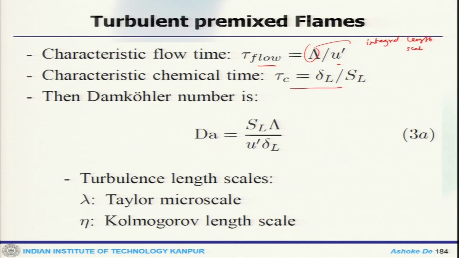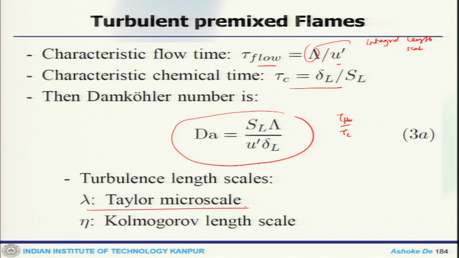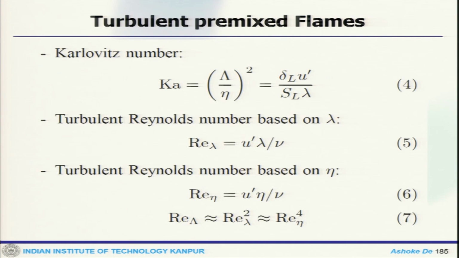The characteristic chemical time scale is delta S by SL. So the Damköhler number is the ratio of the flow time scale to the chemical time scale. Once you put that in, this is what you get. And if we now use the Taylor microscale and the Kolmogorov length scale, we can define the Karlovitz number, which is the ratio of lambda by eta. One can write it in terms of the Taylor microscale and the fluctuating component.